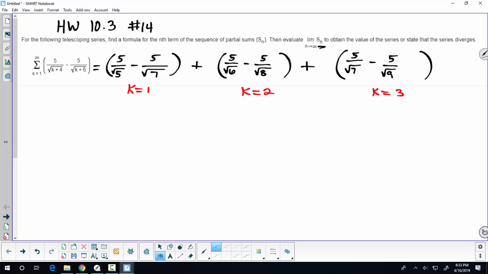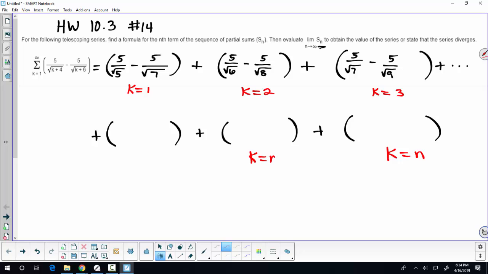And let's just go ahead and look at the tail. Again, stopping when k is equal to n. So the previous k equals n minus 1, k equals n minus 2.